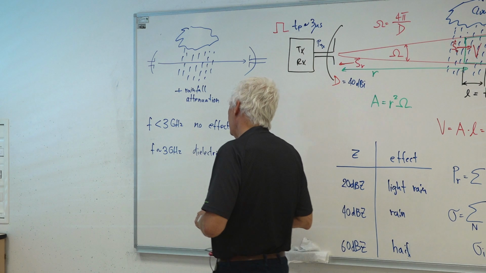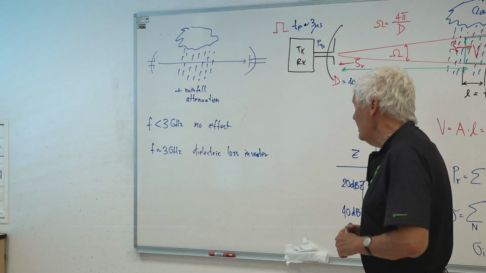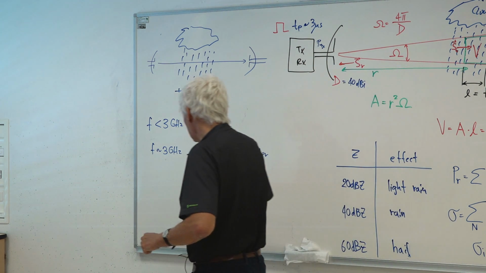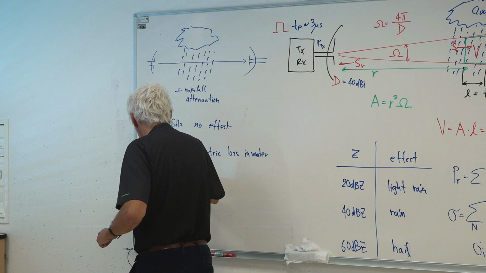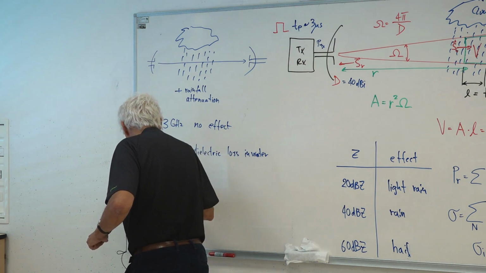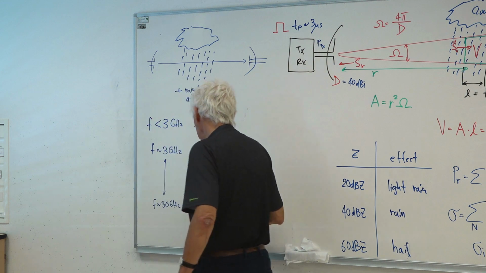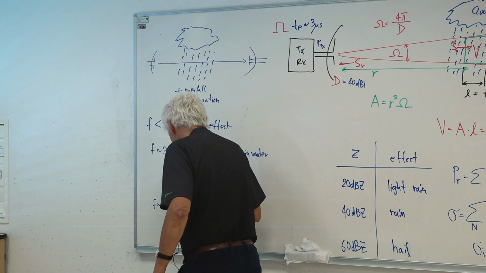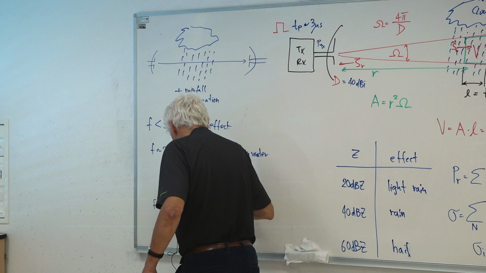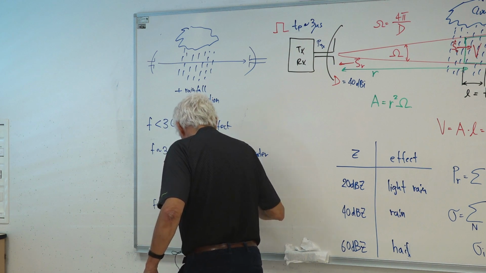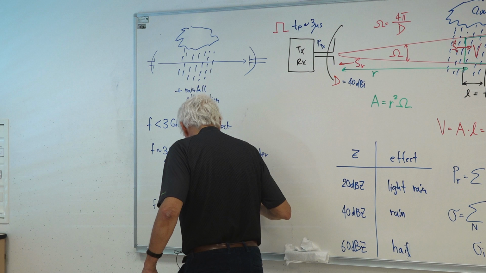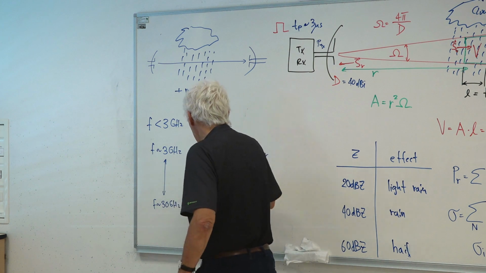Water is not a good dielectric, it has some dielectric loss. I have both effects here now up to perhaps 30 gigahertz, where the only effect I can see here is Rayleigh scattering. And here I have both effects.